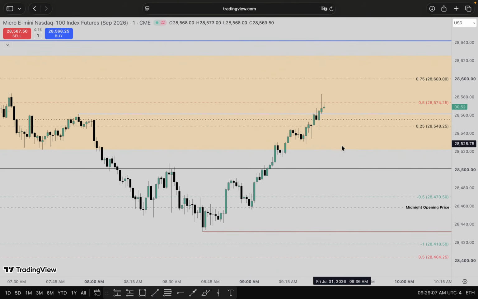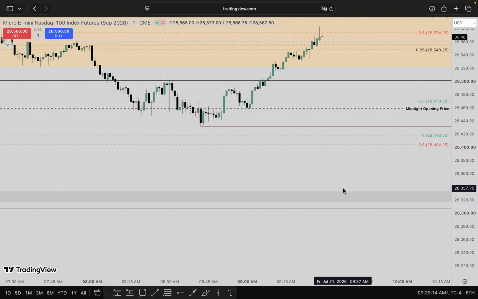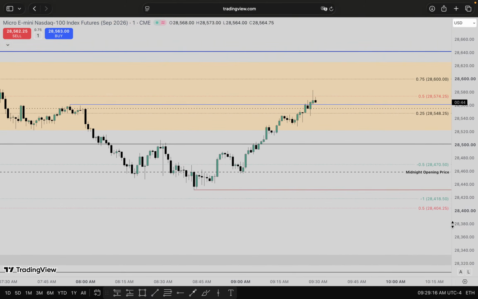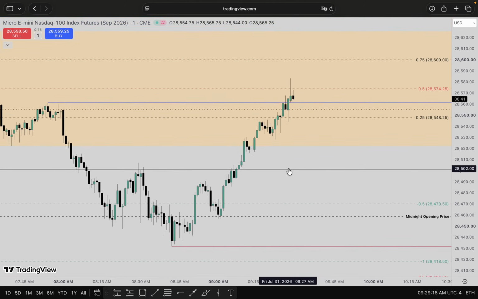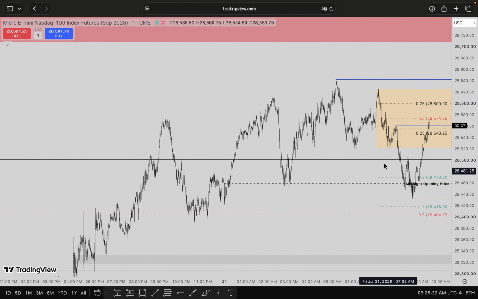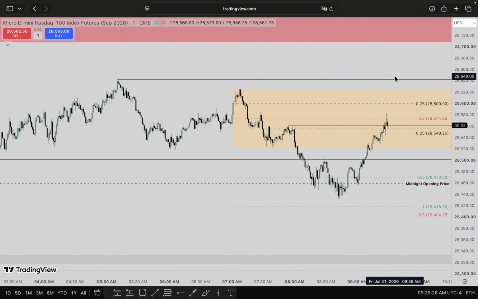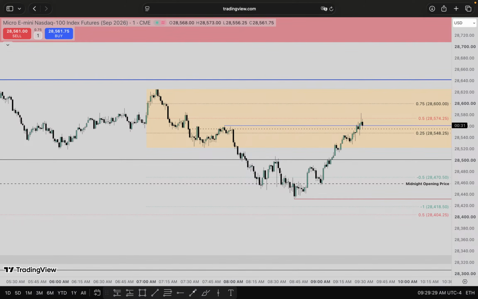Or we could just react inside of here and then start pushing down for these lows and maybe even the new week opening gap. But again, we do have lots of buy side to take out, but that doesn't mean we have to take it out today. We could wait till next month to take it out. Which that's what I was doing.